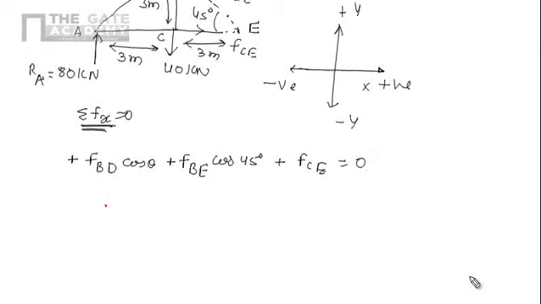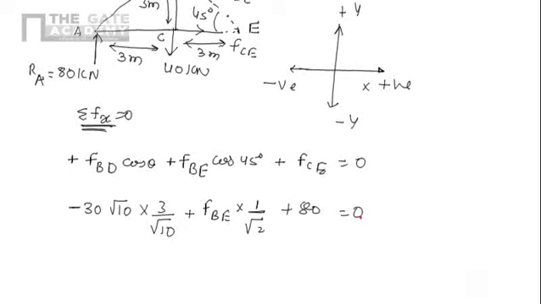We know the value of FBD, it is nothing but minus 30 root 10. Cos theta we know, that is 3 by root 10. Similarly, we have to find out FBE. Cos 45 we know, that is 1 by root 2. Similarly, FC we know, that is 80 kilonewton.